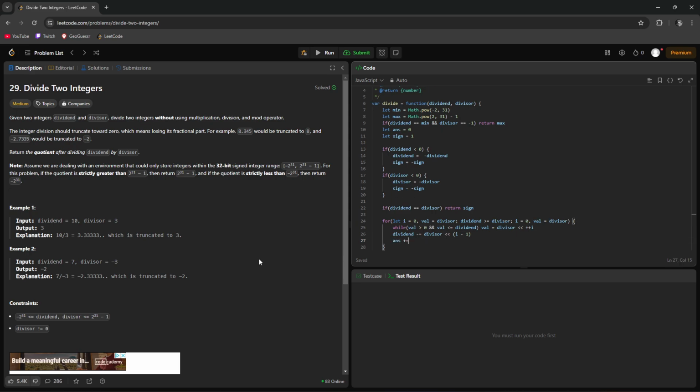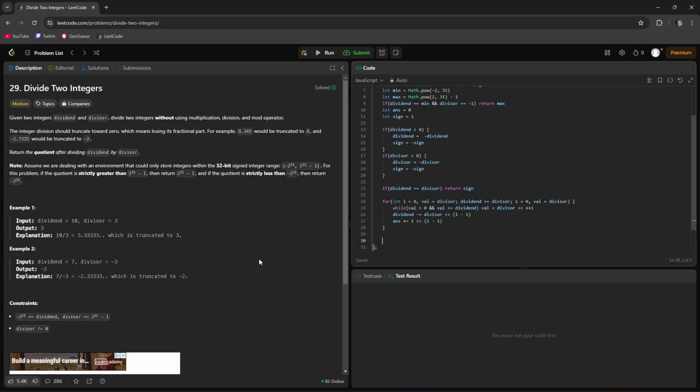And then the answer is going to be equal to 1 shifted by i minus 1. And then we can return based on the sign.